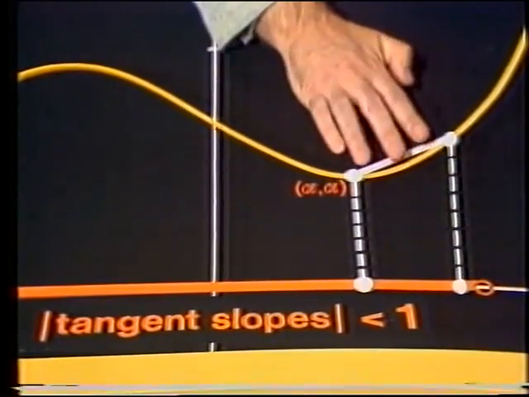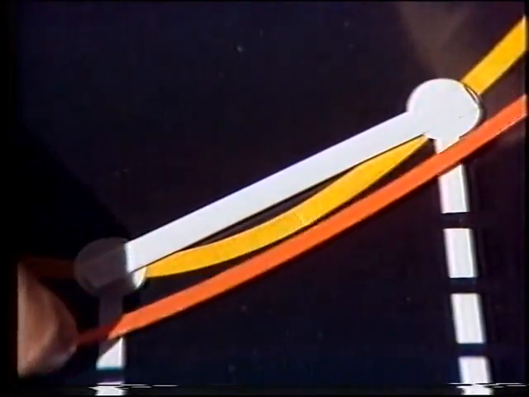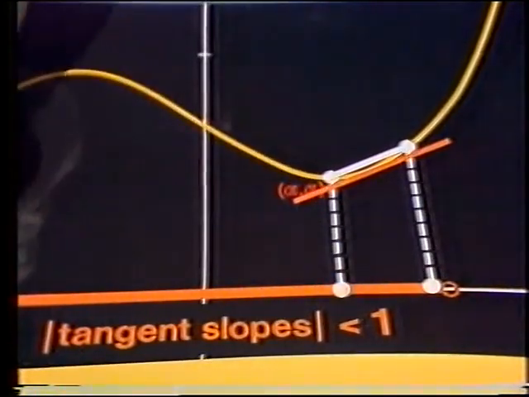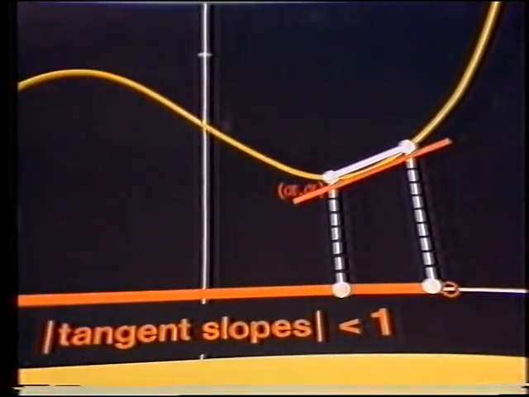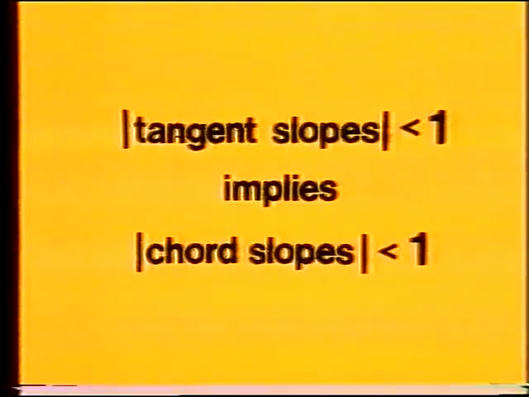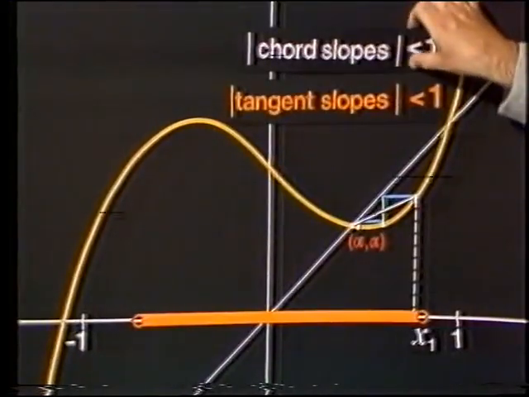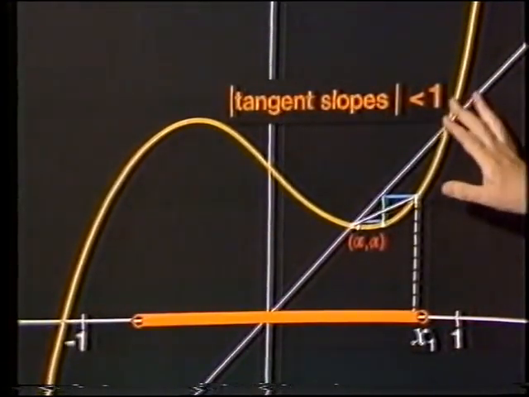Now, this chord has a parallel tangent which is attached to the curve somewhere in between. And that point of attachment also lies within the original interval. So the slope of that tangent has modulus less than 1. Therefore, the slope of the parallel chord we want to know about also has modulus less than 1. So modulus of tangent slopes less than 1 implies modulus of chord slopes less than 1. So we can replace the impossible chord slope condition by an easier tangent slope condition.